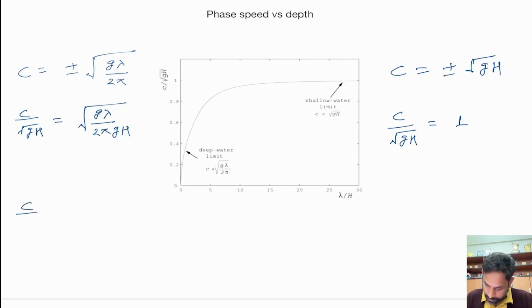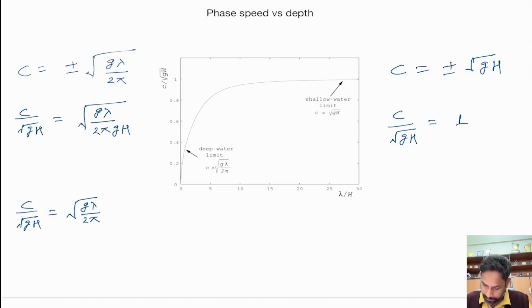Right, so here C over square root of GH is... so this value actually, what we have plotted, simply depends on lambda, whereas C by square root of GH is a constant, and that is what you see in this region.